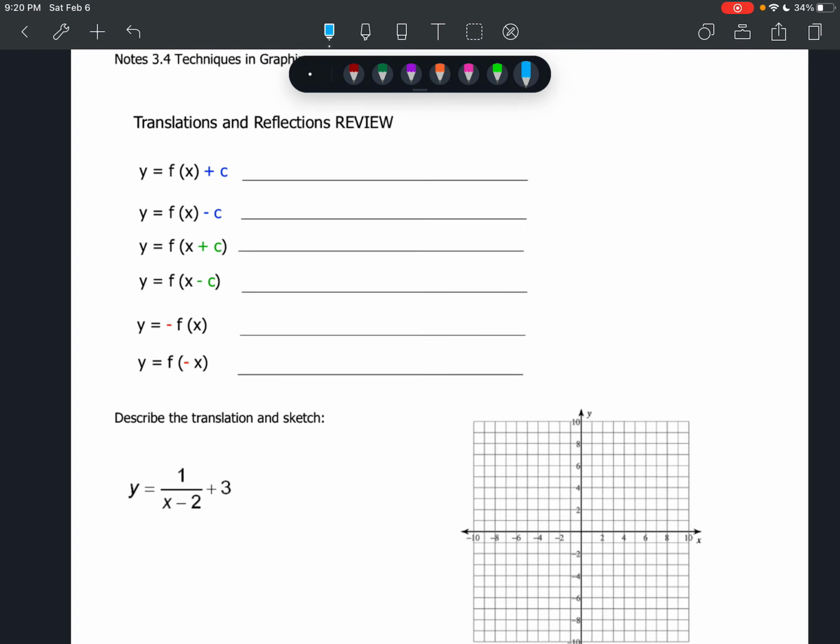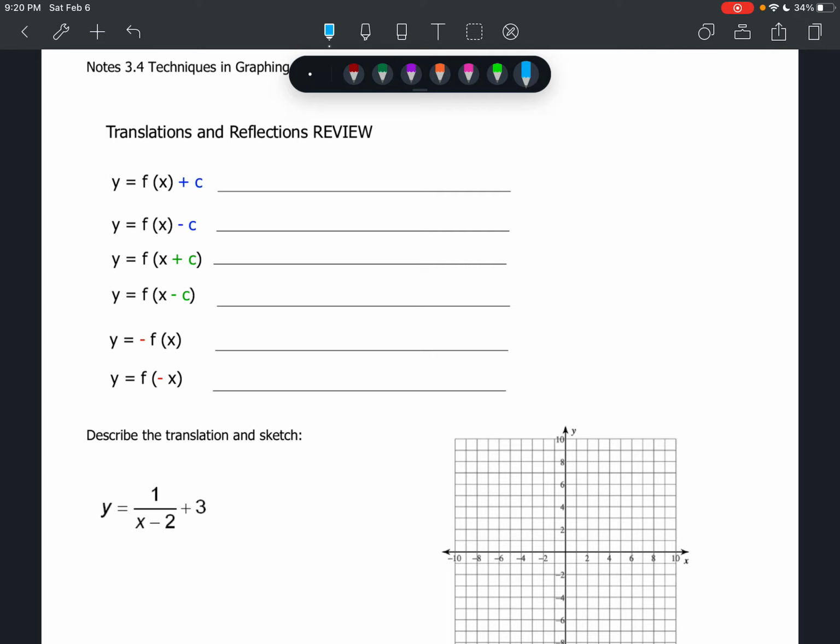Okay, so we're ready to talk about translations and reflections. This is review. If I have a function and I add c outside the function, that's going to translate that parent function up c units. And if I subtract c outside of that parent function, it's going to translate the graph down c units.